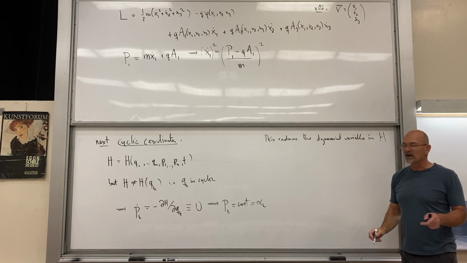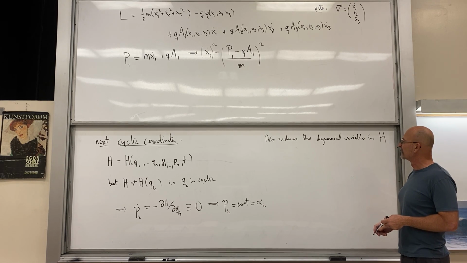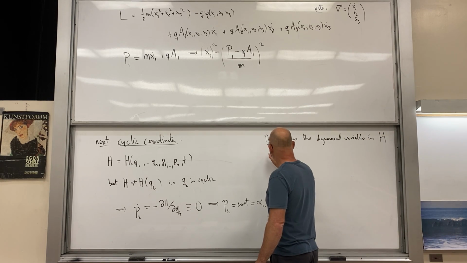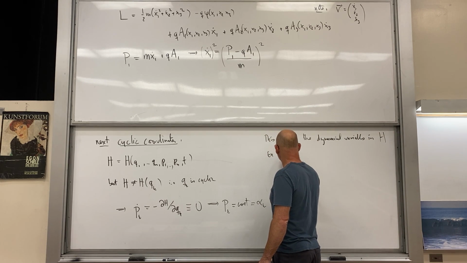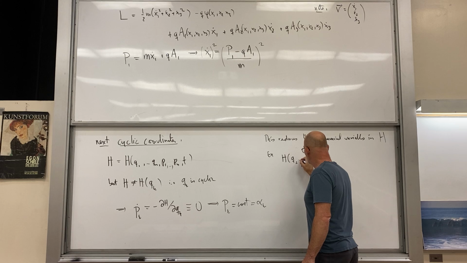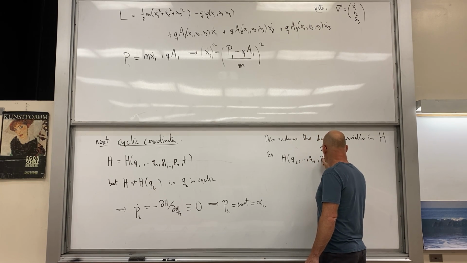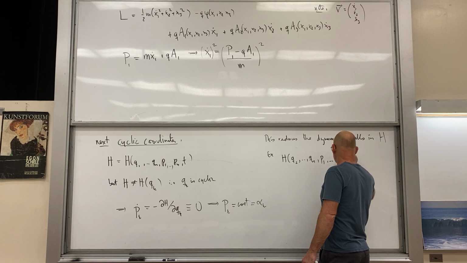Reduces the dynamical variables in the Hamiltonian by 1. For example, if we had H of q2 to qn, p1 to pn, right?